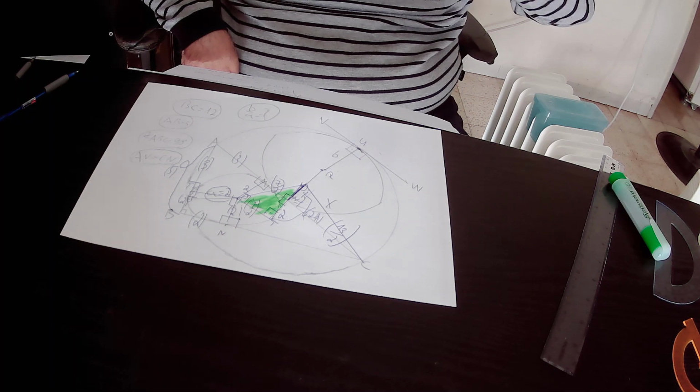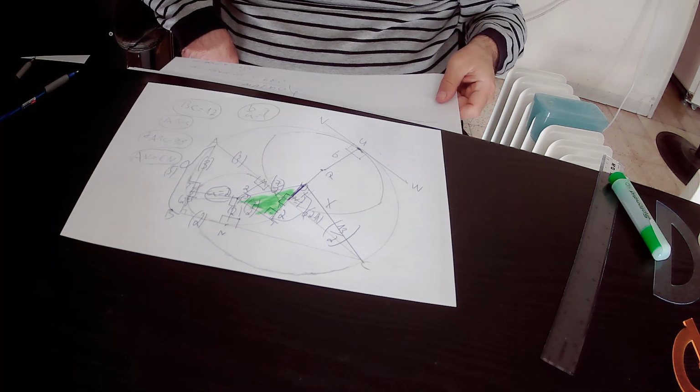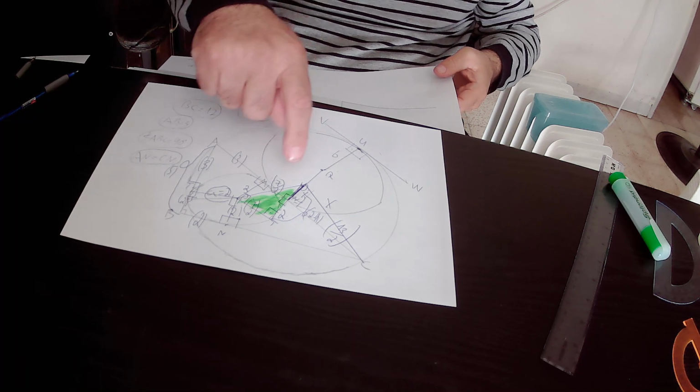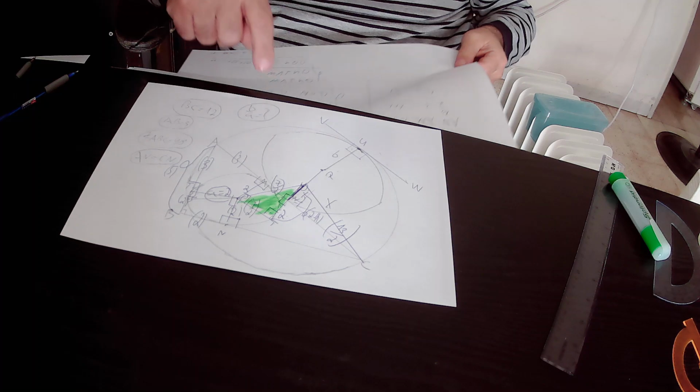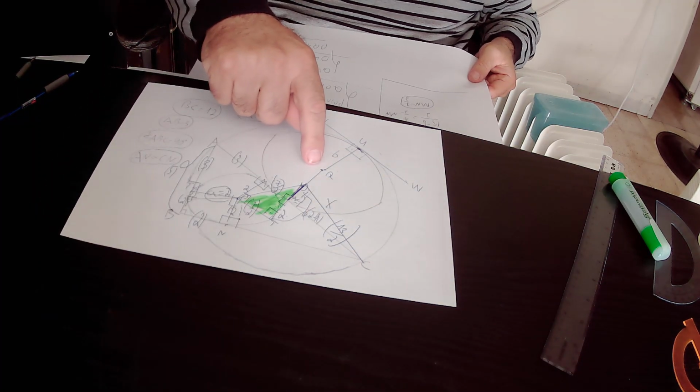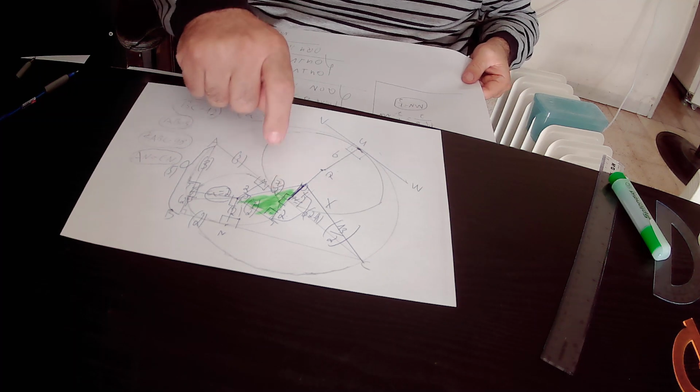Okay. So if point O lies on QN, it means that QON is one straight line. This line segment QON is one straight line.